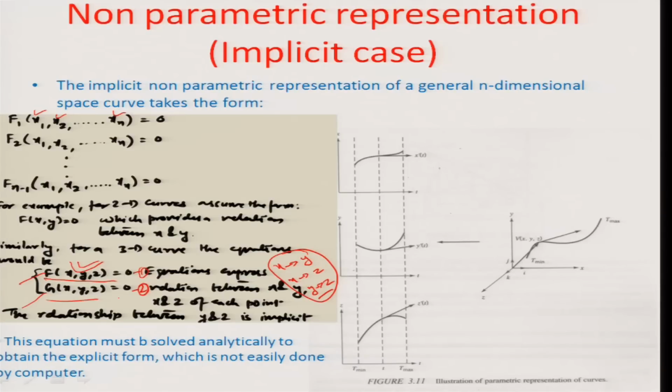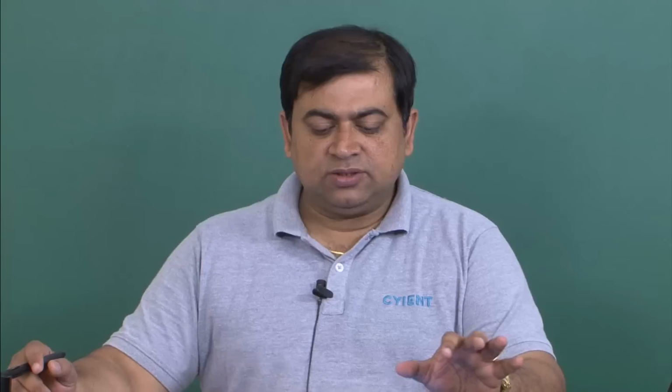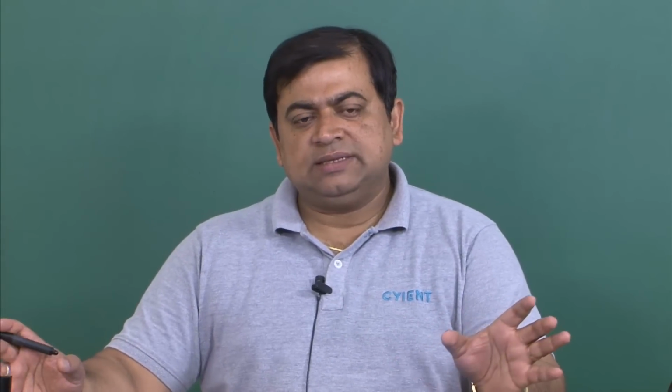Such a state of description of a curve would be known as an implicit representation of the non-parametric form of the curve. So what we learned so far is how you non-parametrically define a curve with respect to the x and y coordinates. You have a clear cut case where the y coordinate or the z coordinate, as in a 3-dimensional curve, is completely a function of the x coordinate, and in another case the information is around but in a hidden manner.